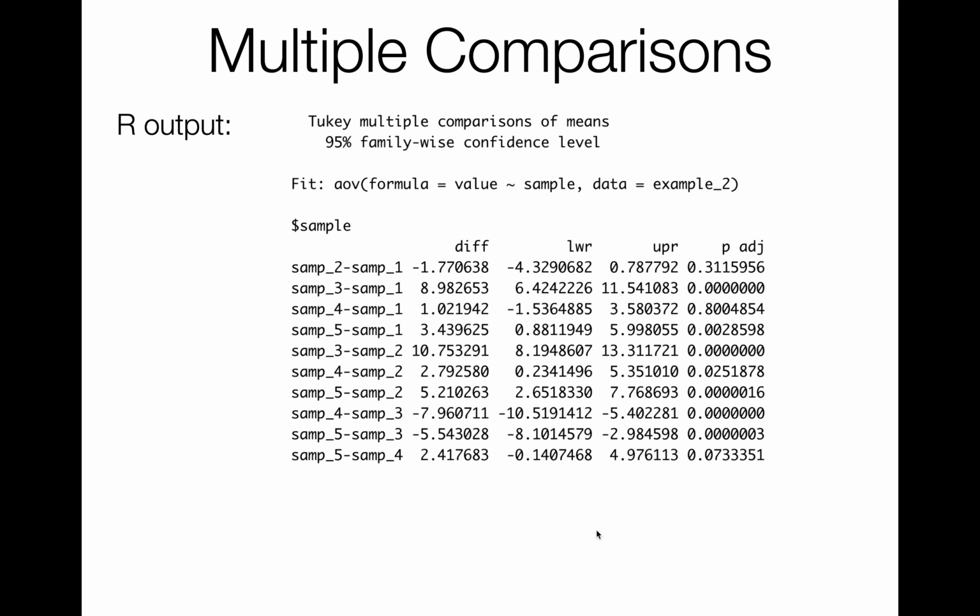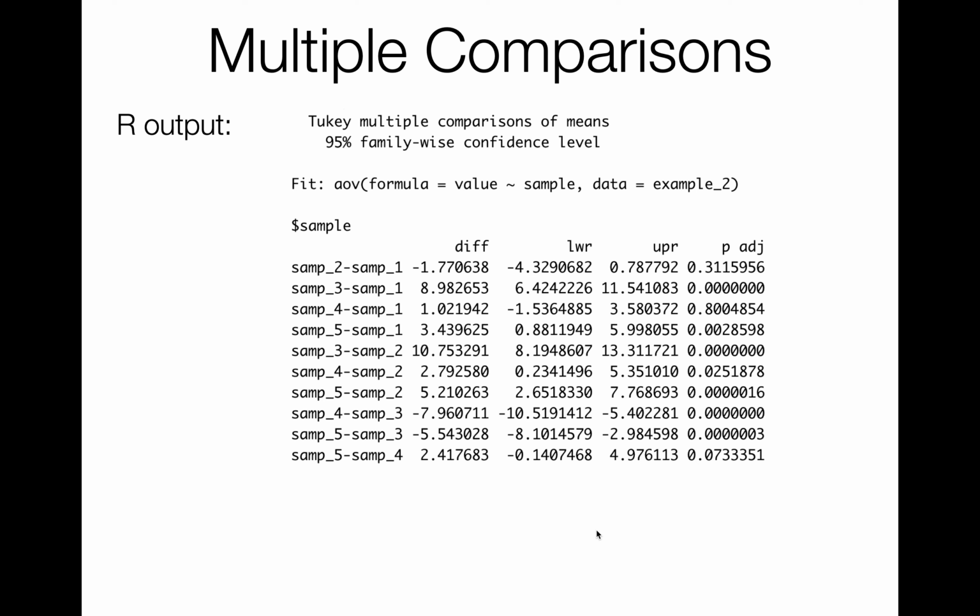You just compare that to whatever alpha that you're using. Here it is 5%, which is 1 minus 95%. Okay. If the p-value is larger than that significance level, then you would again fail to reject the difference. Okay.